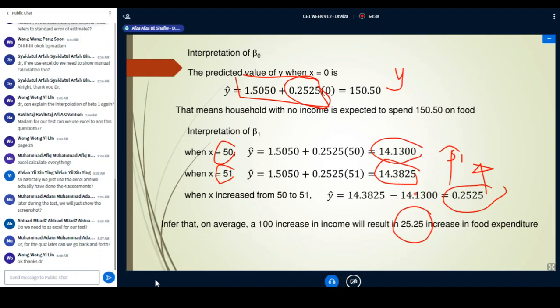For example, let's say I get y hat equal to negative 1.50 plus 0.2525x. It means that when my income is zero, I will have a negative expenditure, which to me doesn't make sense. You get me? When there's no income, you have negative expenditure. So to me, it doesn't make sense.